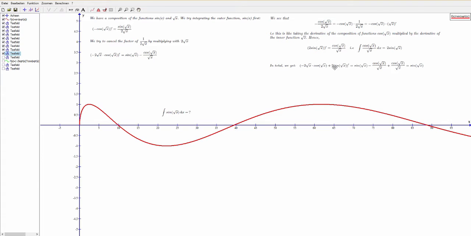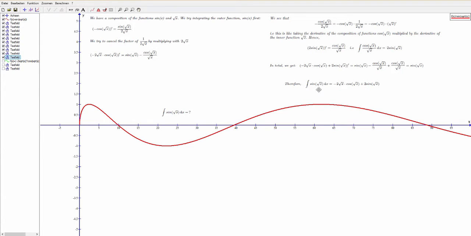Because the derivative of 2 sine square root of x is just 2 cosine square root of x times the derivative of square root of x, which is times 1 divided by 2 square root of x. And that will give us cosine of square root of x divided by square root of x, which will cancel with this minus cosine of square root of x divided by square root of x. And so we get the sine of square root of x. Right? And so we are done.